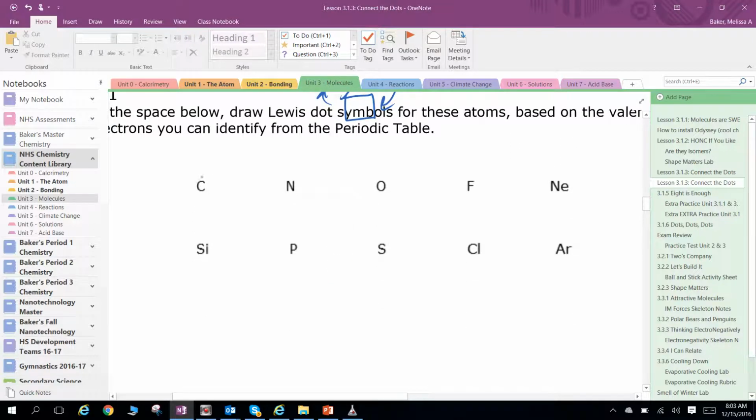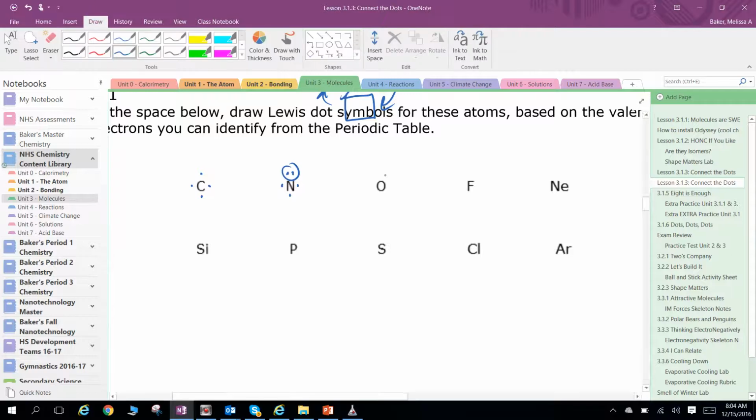So for carbon, 4 dots because it's got 4 valence electrons. Nitrogen, 5 dots: 1, 2, 3, 4, 5. Notice that there are 3 lonely electrons and 1 pair of electrons. And carbon has 4 lonely electrons.